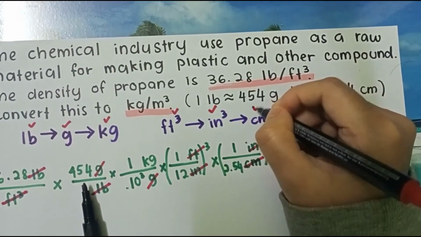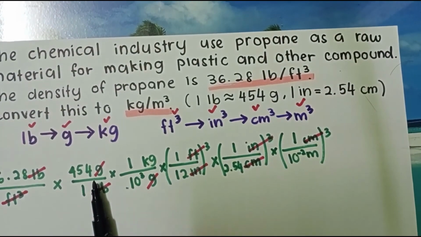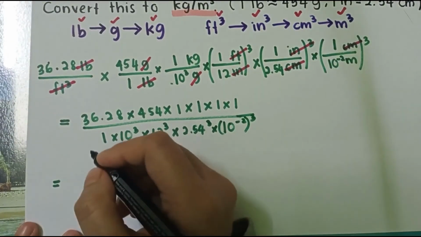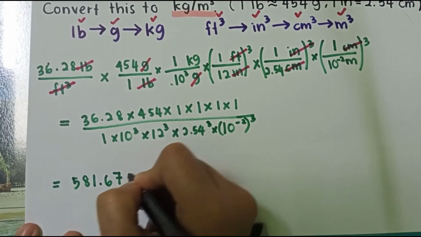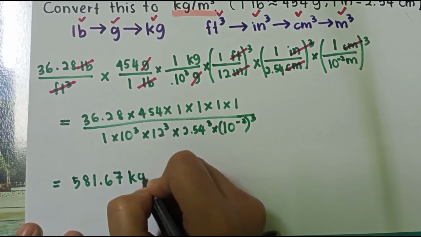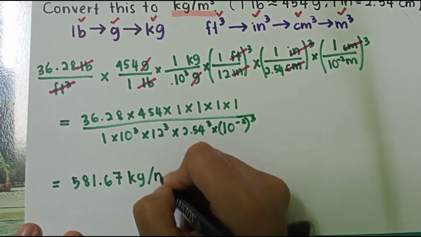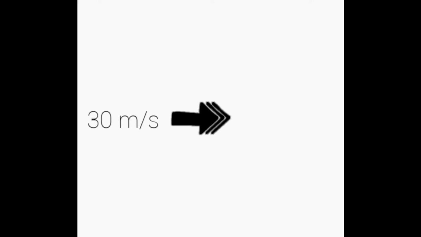Then we have done this. Now it's the answer, 58.167 kilogram per meter cube.